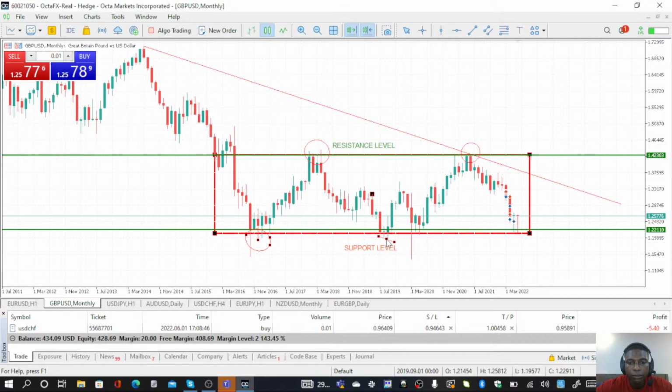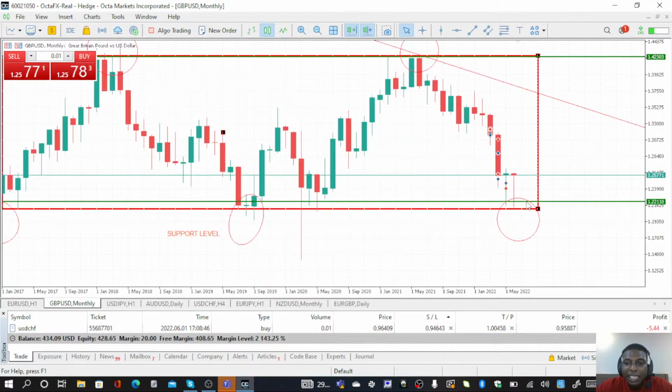A closer look at this price level shows that price was rejected, and this is the second rejection. This gives a lot of indication that there is a potential bull run coming in soon on the pounds USD.